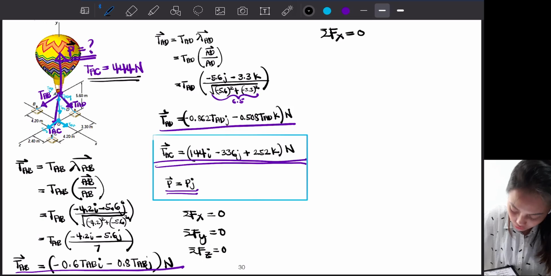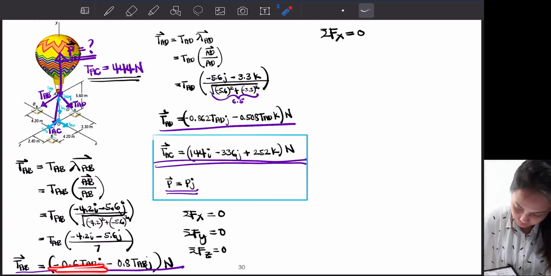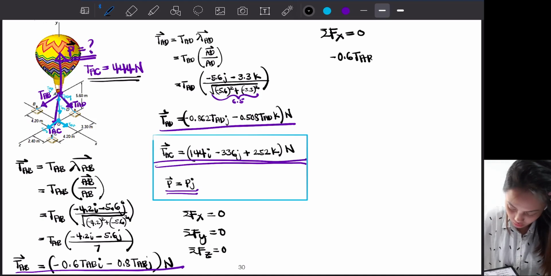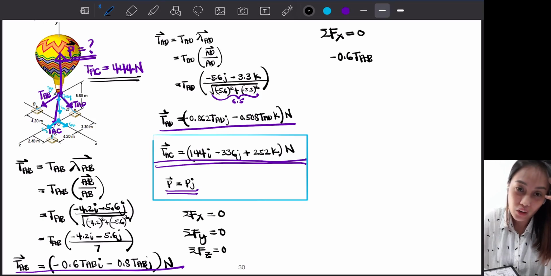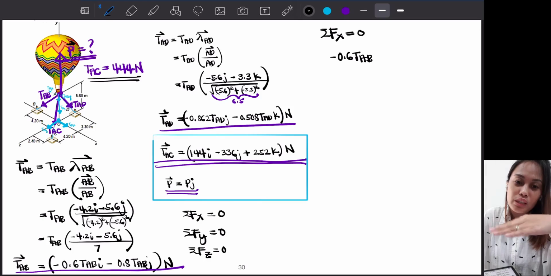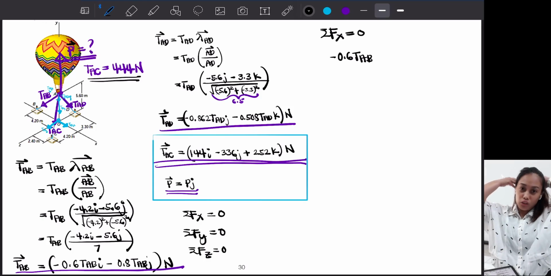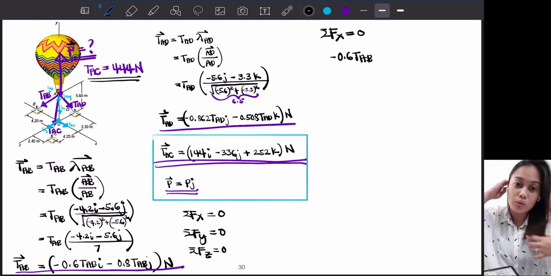So, tanan force along x, negative 0.6 TAB. Dili na to include ang i, kaya muna yung unit vector, minilhan na to siya nga along x na siya. Ang kana nga value is component niya along x. Anyway, yung unit vector has a value of equal to 1.